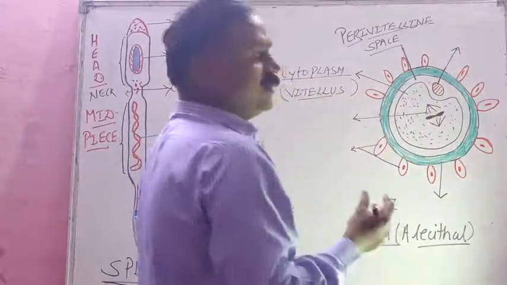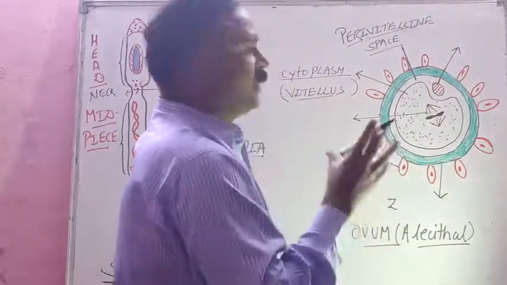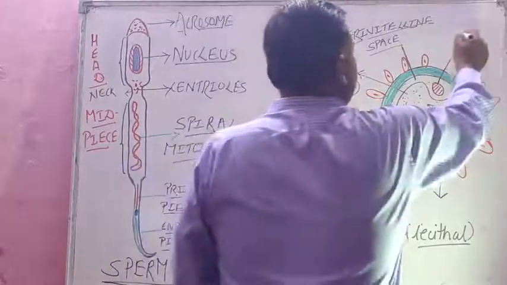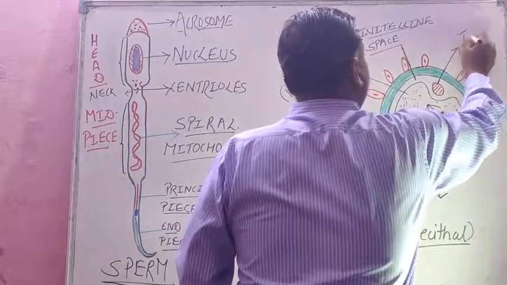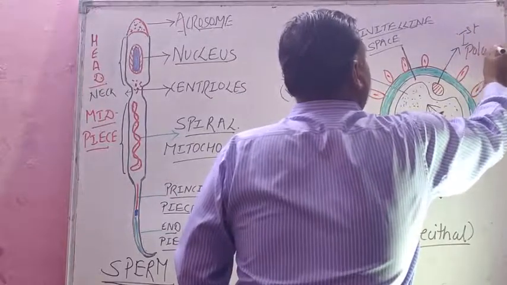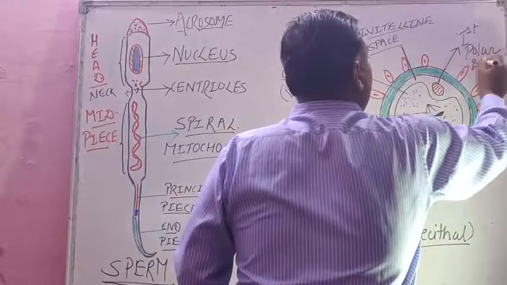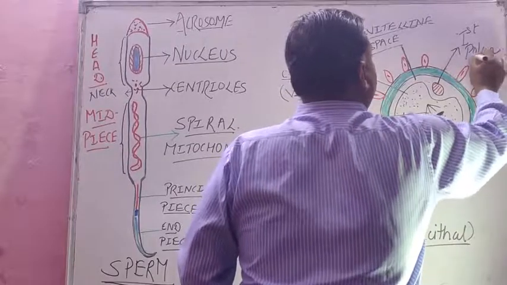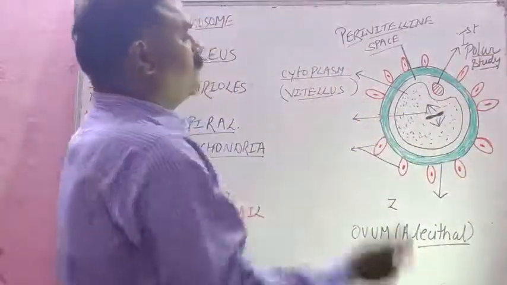After ovulation, when the ovum is in the funnel of the oviduct, we find the first polar body. The detail of this polar body you are going to study just after this in oogenesis.